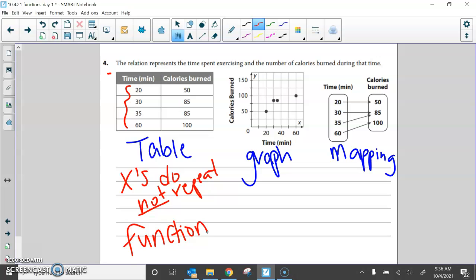There are other ways they could have written this as well. They could have written it as ordered pairs like we did. So they could have written each of the numbers like this: 20, 50, 30, 85, 35, 85, and so on. Those are ordered pairs.